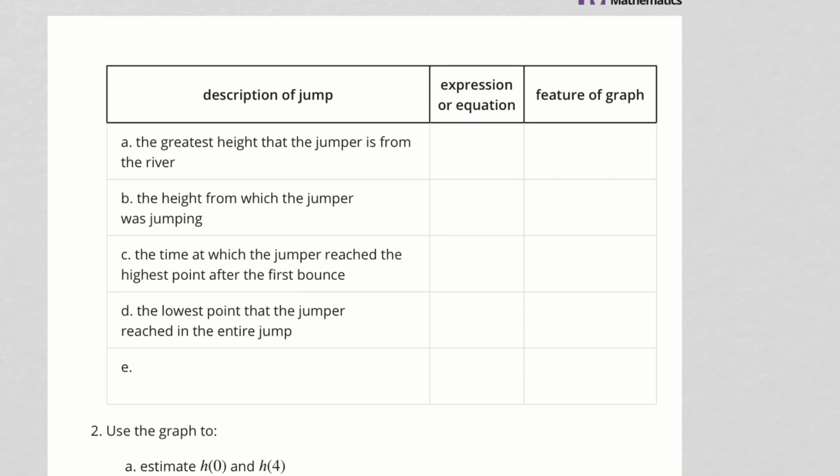So that's going to be our maximum, which is h of t equals 80. The height from which the jumper was jumping, that is going to be h of 0, which was the vertical intercept. Actually, I'm going to make that a little bit smaller so that I have a little bit more space to write that in that box.